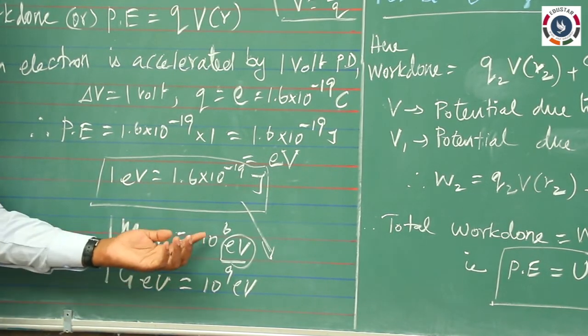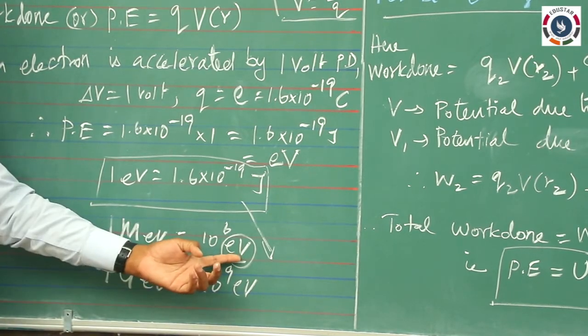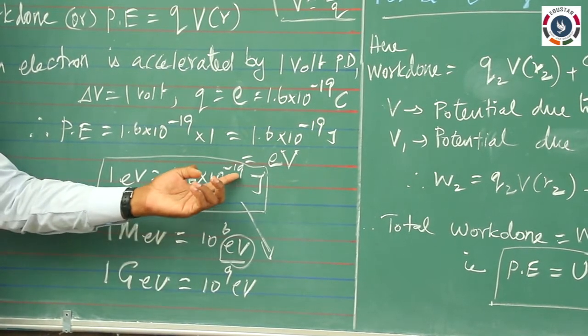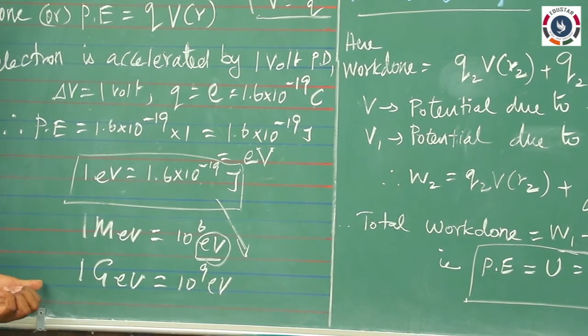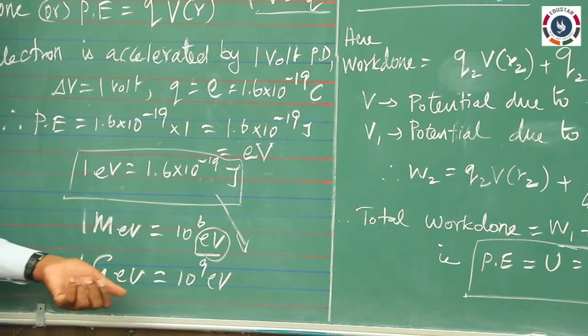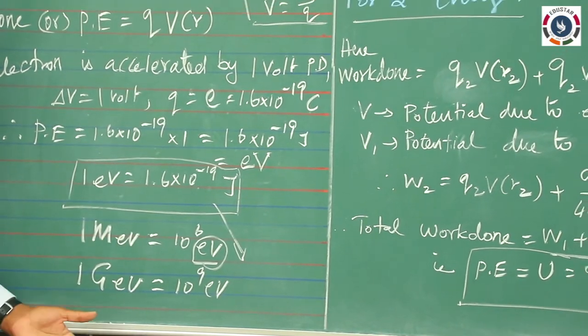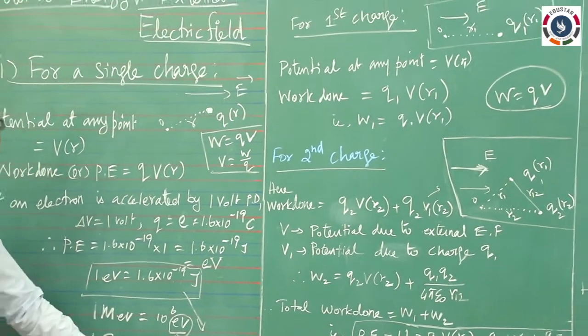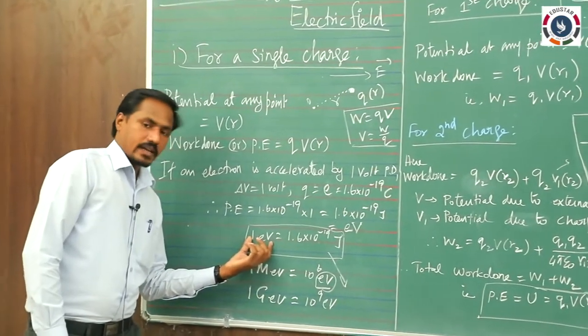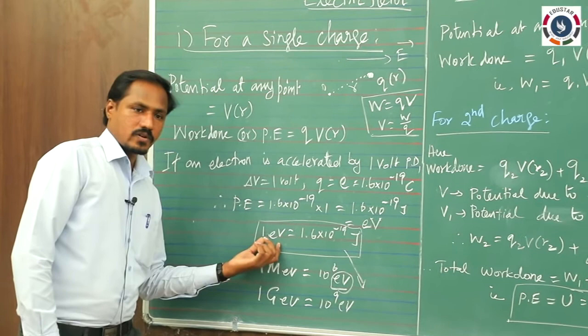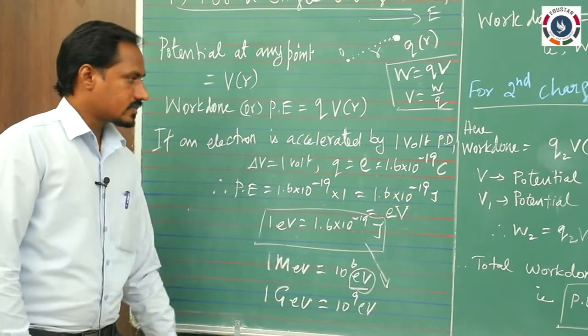Mega means 10 to the power 6, so multiplying with 1.6 into 10 to the power minus 19, we can obtain mega electron volt, giga electron volt and tera electron volt. Tera means 10 to the power 12. As a common practice we use the electron volt for fundamental particles.